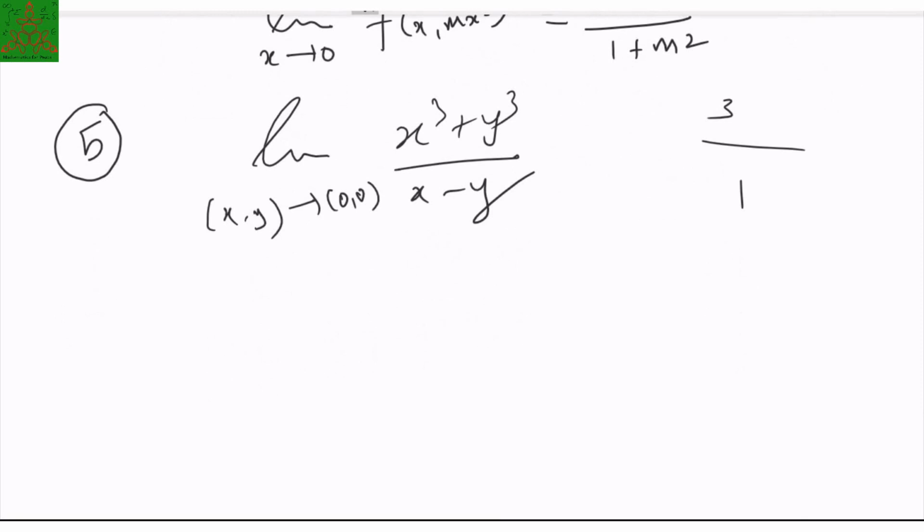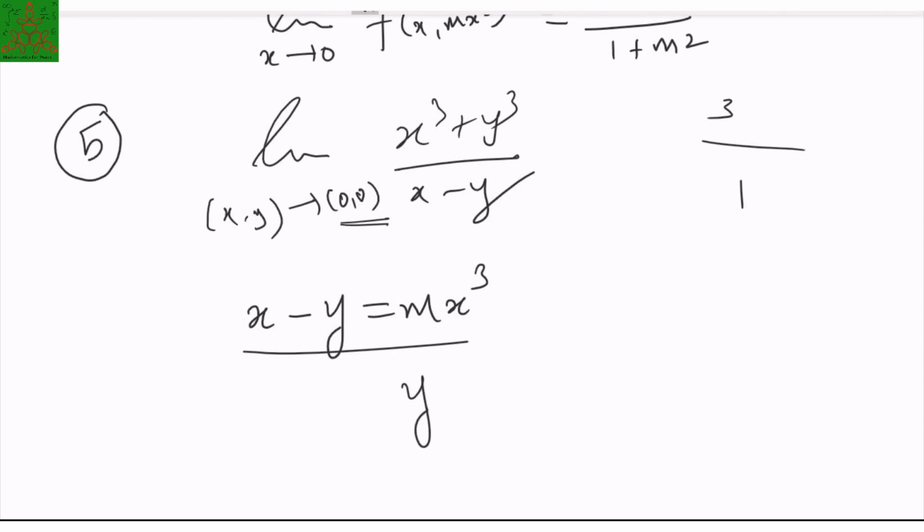So here I am choosing the path as x minus y equal to m x cube. This path also passes through the origin. You can see that by putting x equal to 0, y equal to 0, both sides will satisfy. So this is one of the paths which passes through the origin. So I am taking y equal to x minus m x cube and putting it into this equation.